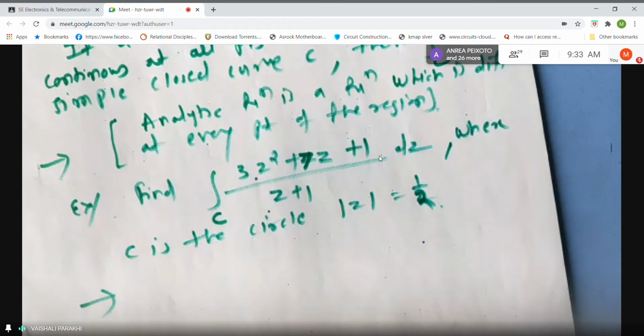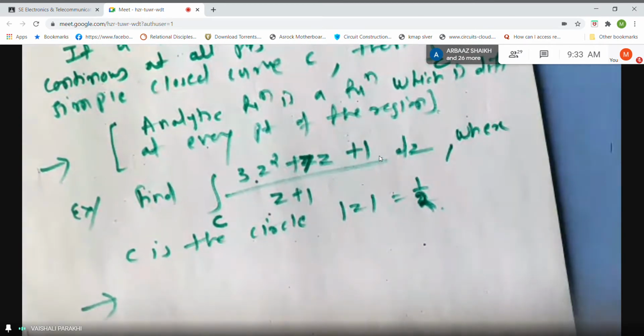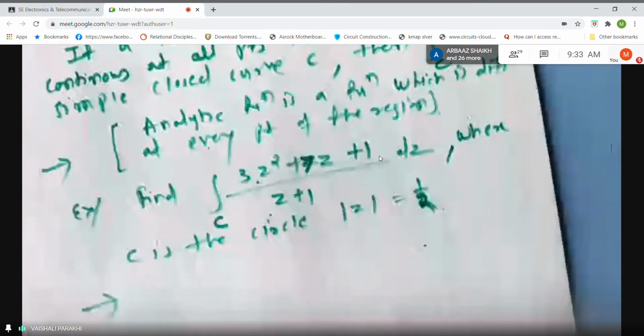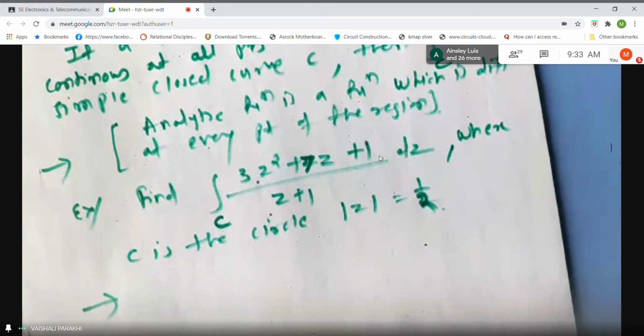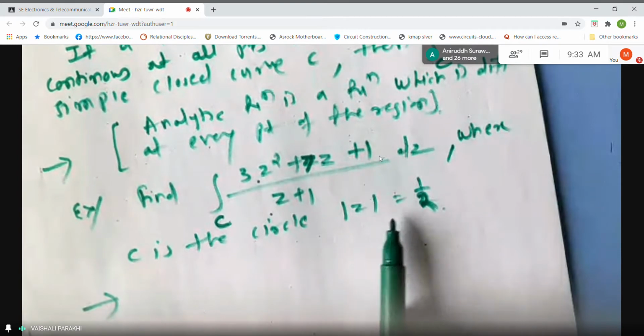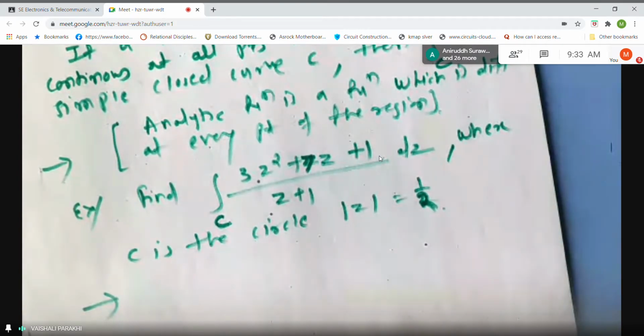Now see carefully. It is asked to find the integral over the curve C. But this curve C they have to mention in the problem, where curve C is given by mod of z is equal to half, and this is nothing but a circle, students.